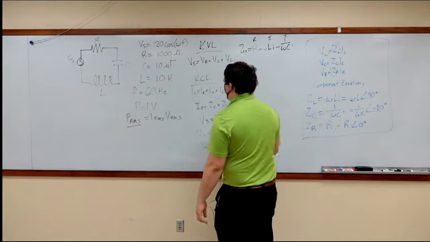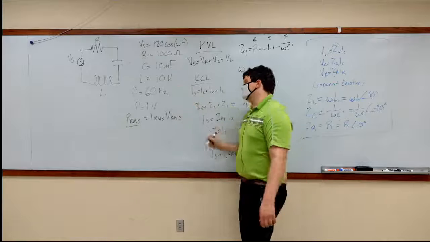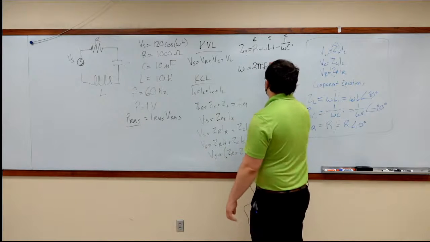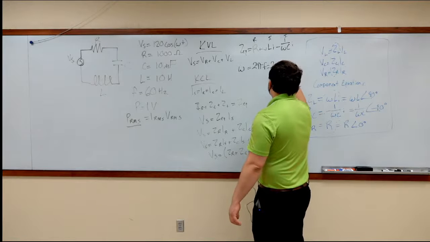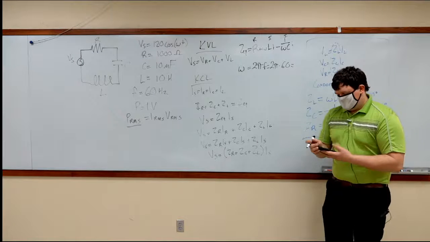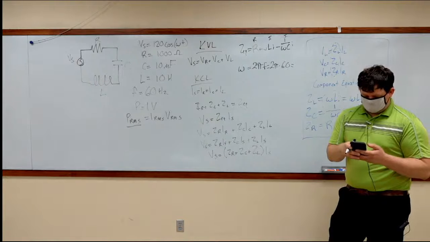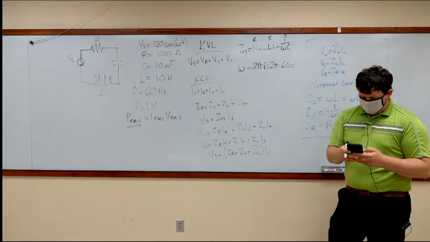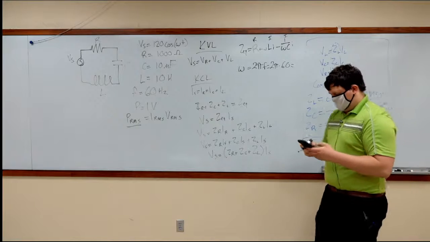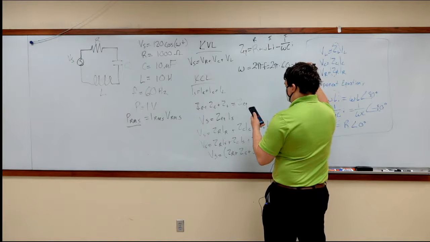So I didn't give you omega, but I gave you the frequency. And you have to calculate omega using the frequency. So omega is equal to 2 pi times f, as Dylan pointed out, which is equal to 2 pi times 60. So our omega, pull up my handy dandy calculator, is 376.